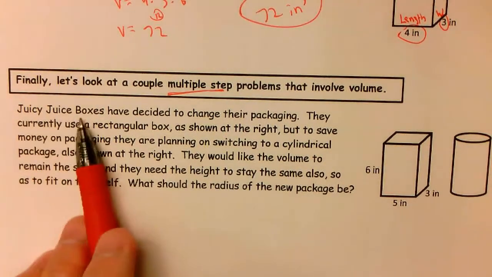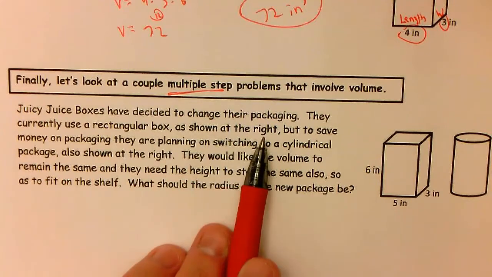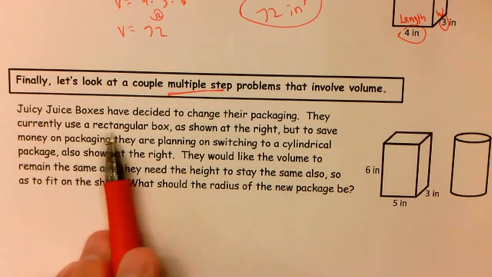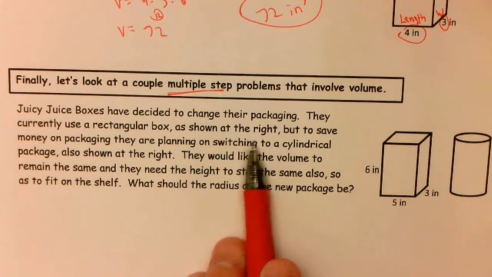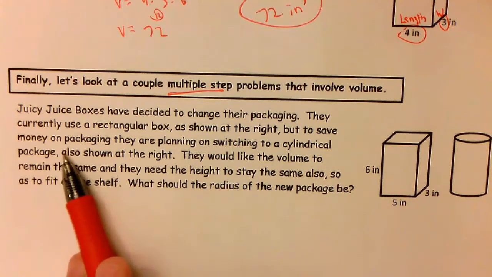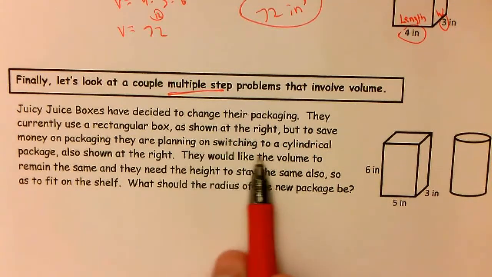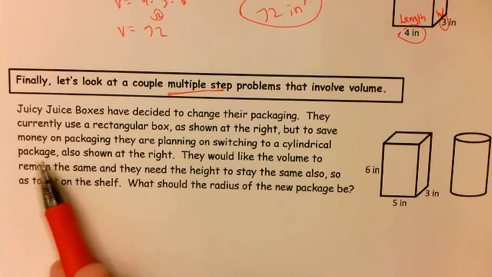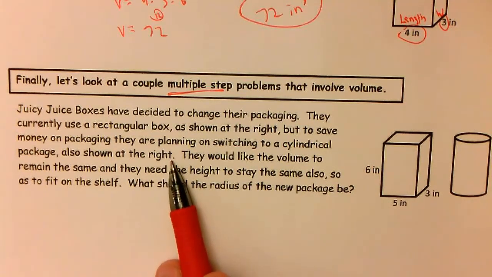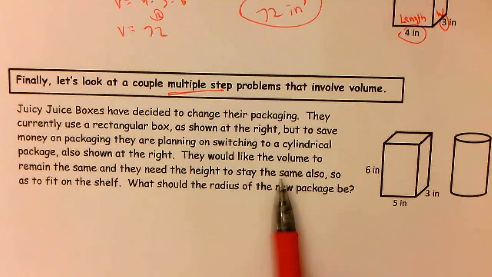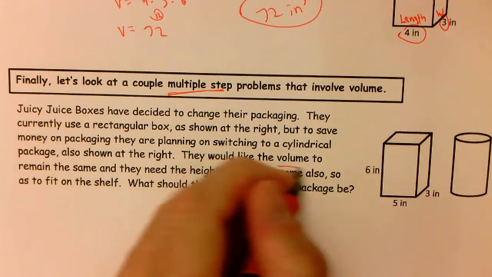All right. Juicy Juice boxes have decided to change their packaging. They currently use a rectangular box, like this one, as shown at the right, but to save money on packaging, they are planning on switching to a cylindrical package, this one, also shown at the right. They want the volume to remain the same, so that's important.